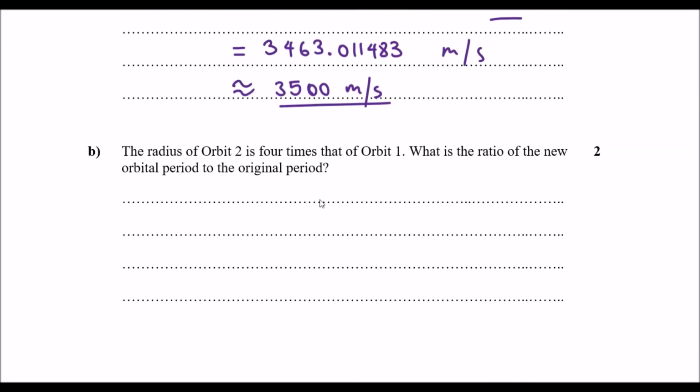In this problem, we are going to apply Kepler's third law of planetary motion. We're going to apply r cubed over T squared equals r cubed over T squared. We're going to name the r over here as 1 and then this r as 2.